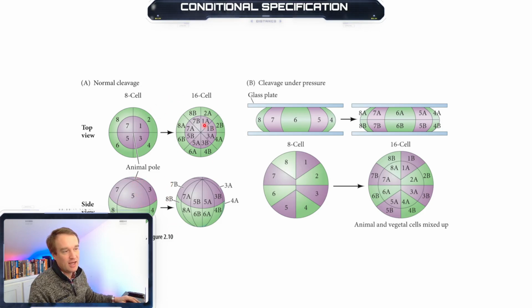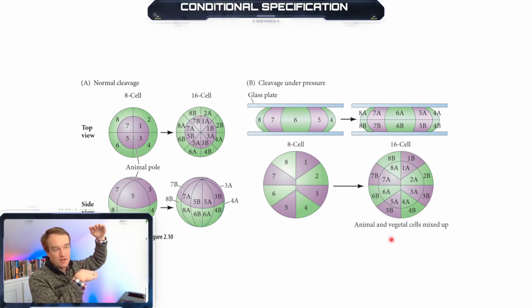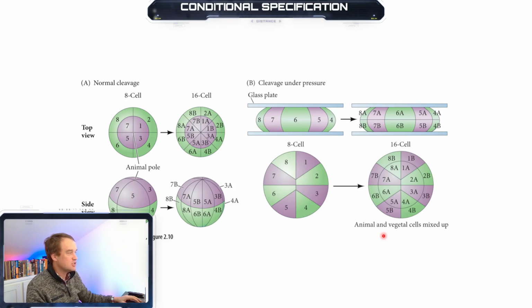And so you end up, instead of having this normal orientation of your 16-cell stage, you have this completely messed up, top and bottom are mixed up. So the animal pole, the top, and the vegetal pole, the bottom, are all shuffled because of this pressure plate, right? So this resulted in a mixture of the orientation of these cells.